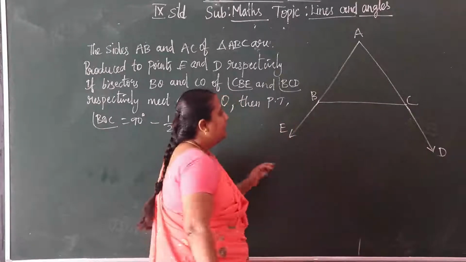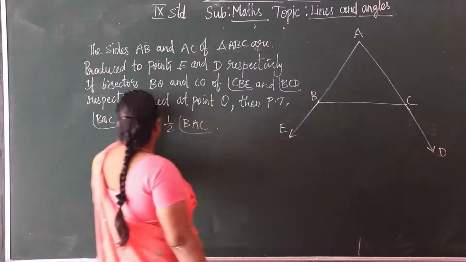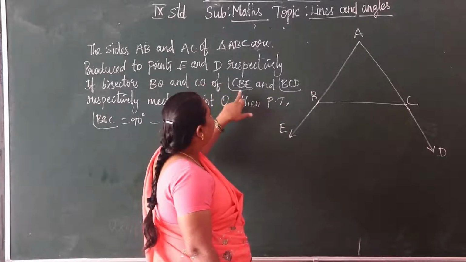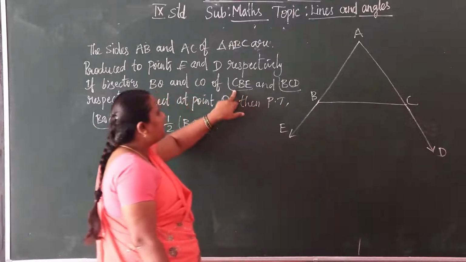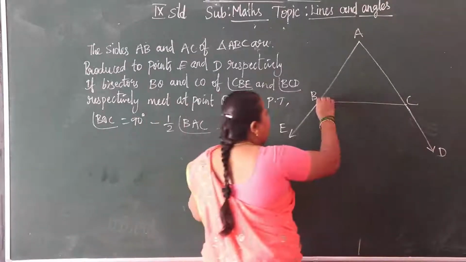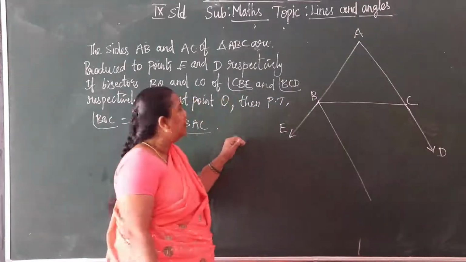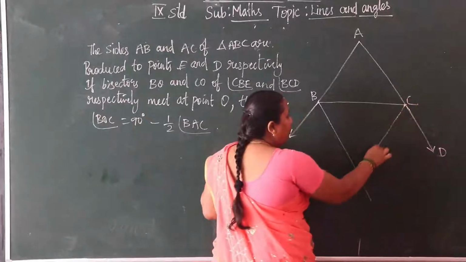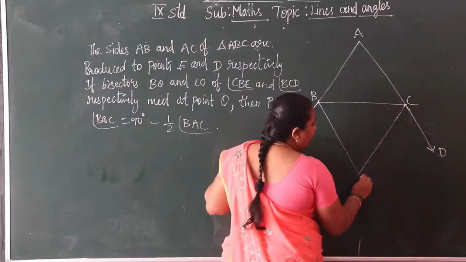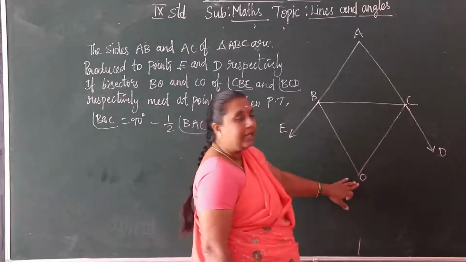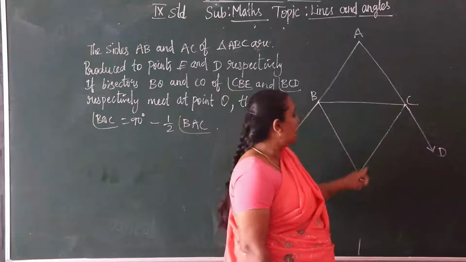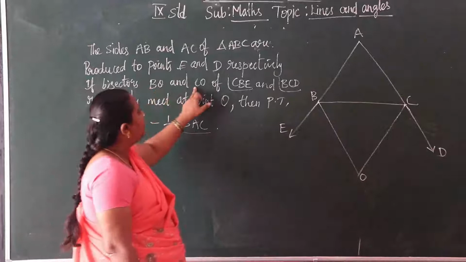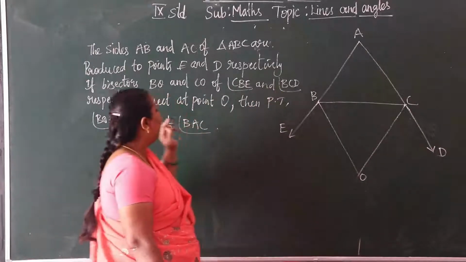Here the angle bisectors BO and CO of angle CBE and angle BCD.